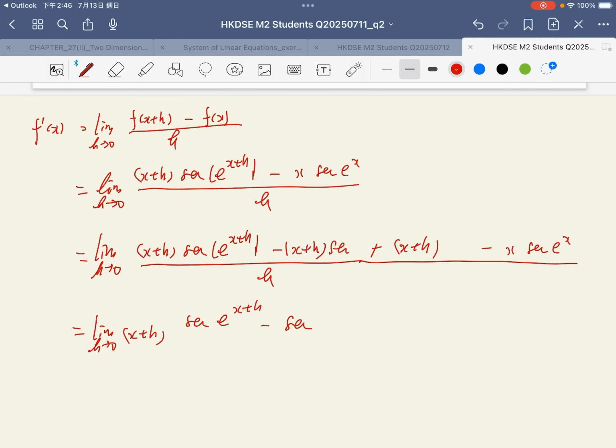It is secant e^x. For that second term, factorize the secant e^x outside, and we have (x+h) minus x. Then it is obvious, take limit.